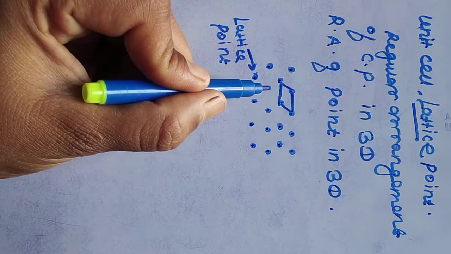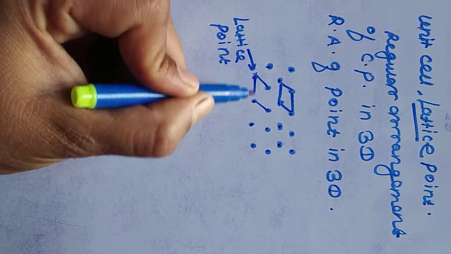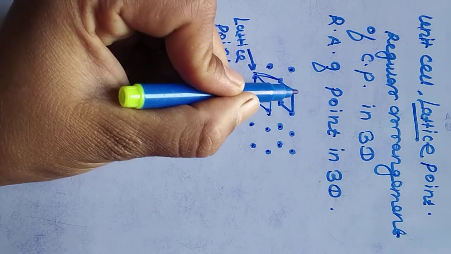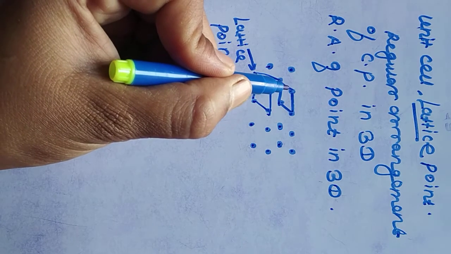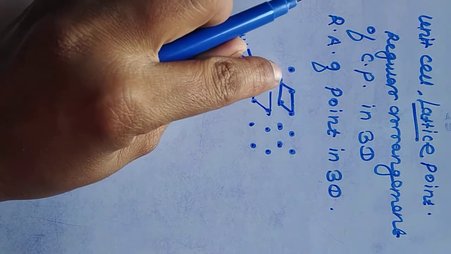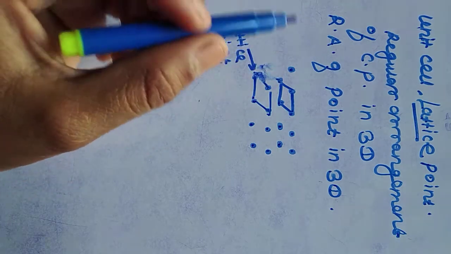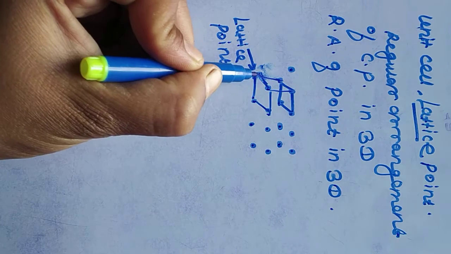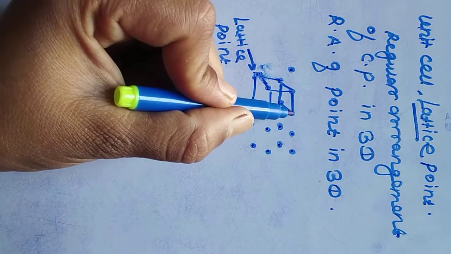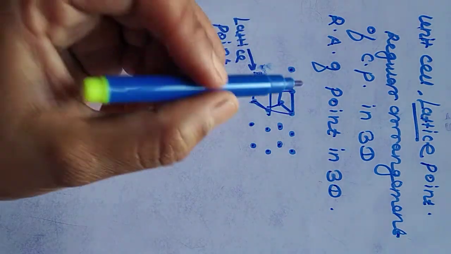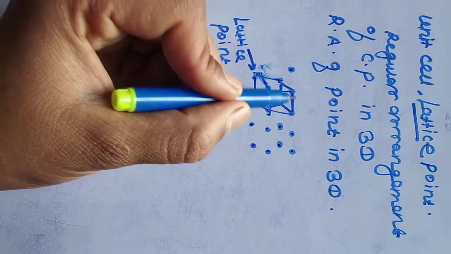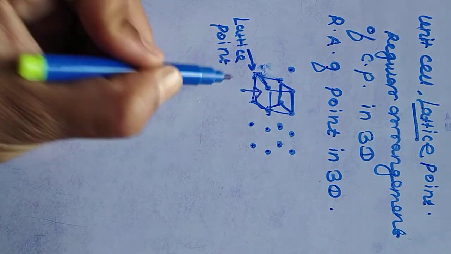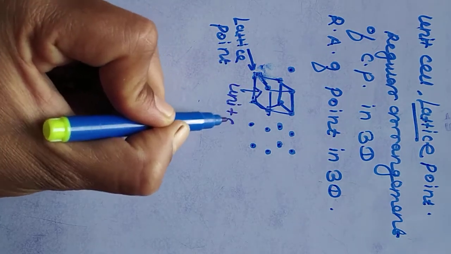Here also, these 4 atoms join together, and these points you can join here completely. Okay, this is the one unit cell. All atoms are joined here in 3 dimensions and this part is called a unit cell.